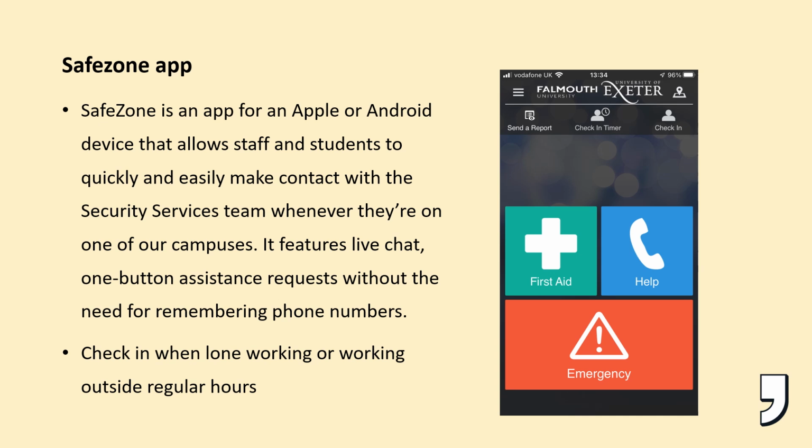So I would recommend that you all download the SafeZone app through your university email addresses and account, and encourage your members to do the same, because it also means that you can very easily request support and help from campus security staff, should it be required.